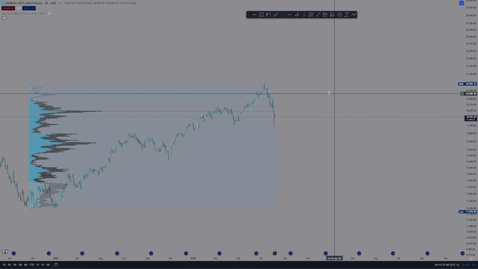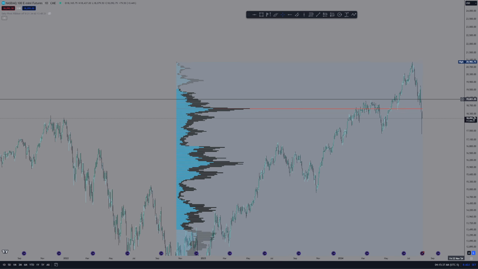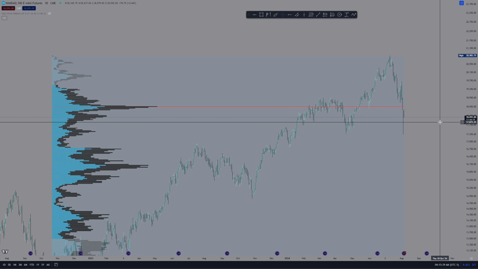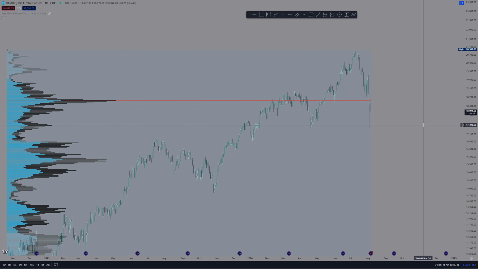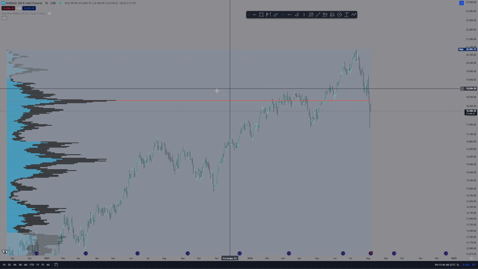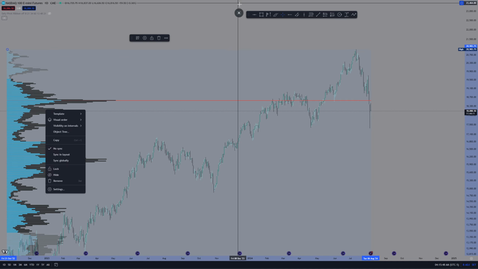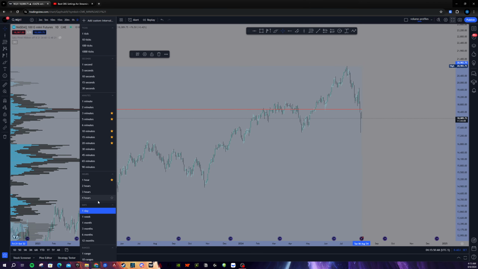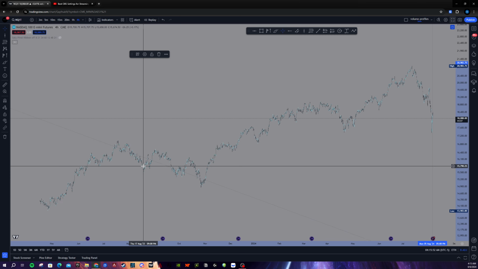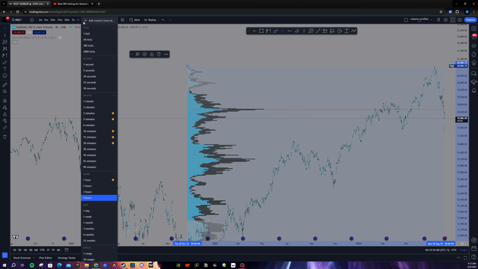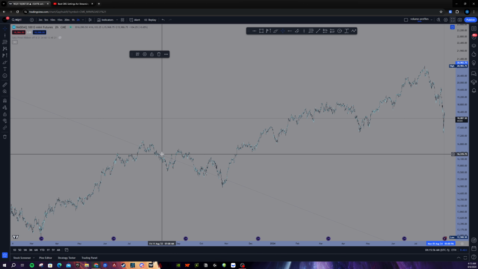To sum it up, you guys have kind of understood low volume nodes, low volume zones, volume profiles. Hopefully you understand them. I don't really want to go over them again personally, but it's going to change on whatever time frame you're on. I really like to look at the 2 hour as well as the 4 hour.